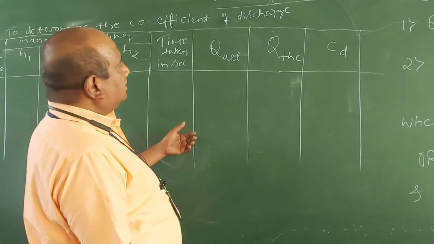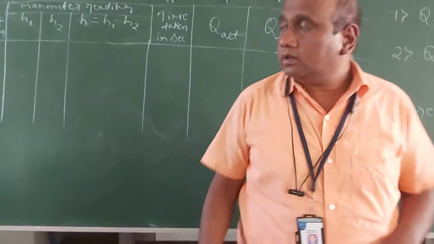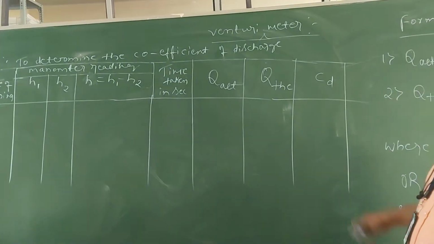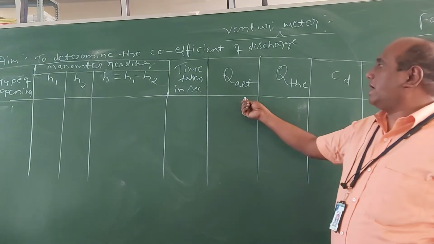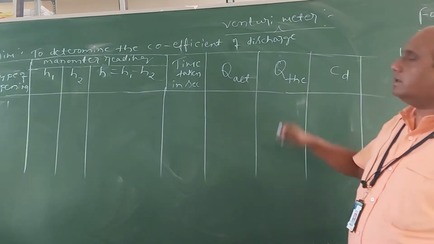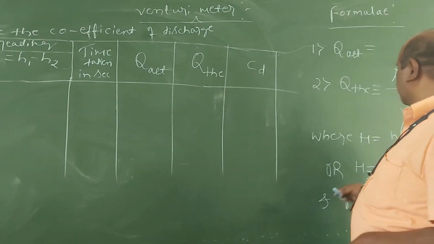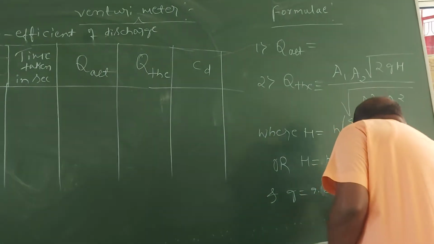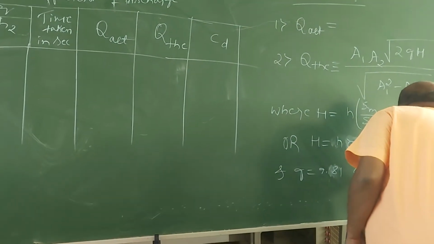And the main thing that we are supposed to find out is the coefficient of discharge. To find out the coefficient of discharge, we need to know the Q actual discharge and the theoretical discharge. The ratio of Q actual by Q theoretical will give you the coefficient of discharge.